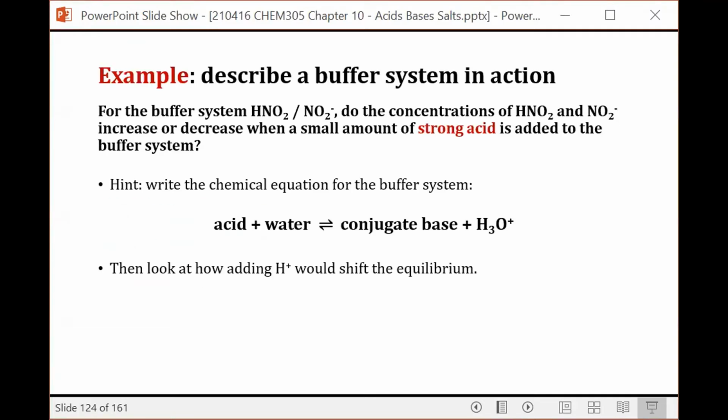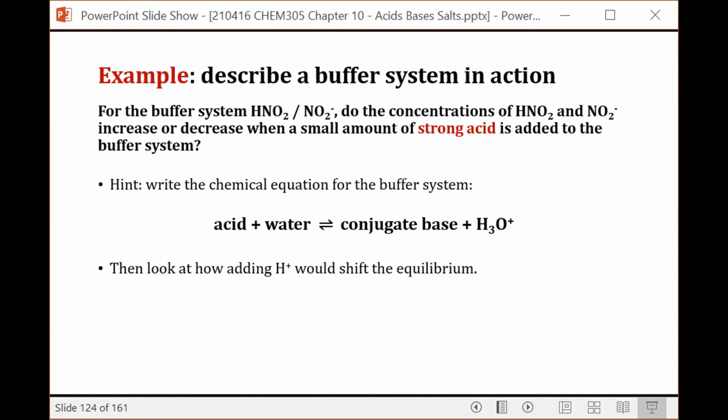Okay, so let's go through an example describing a buffer system in action. For the buffer system, nitrous acid, HNO2, a weak acid, and its conjugate base NO2 minus, the nitrite anion. Do the concentrations of nitrous acid and nitrite increase or decrease when a small amount of strong acid is added to the buffer system?